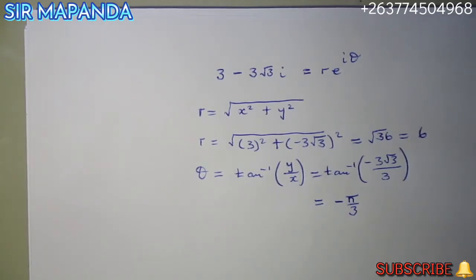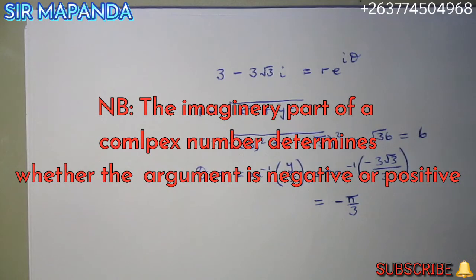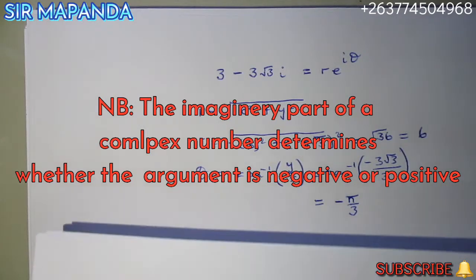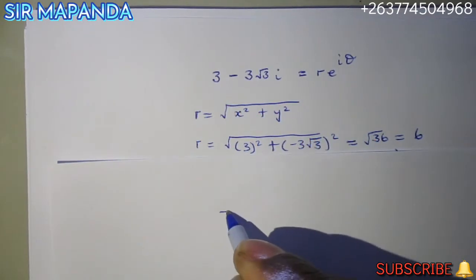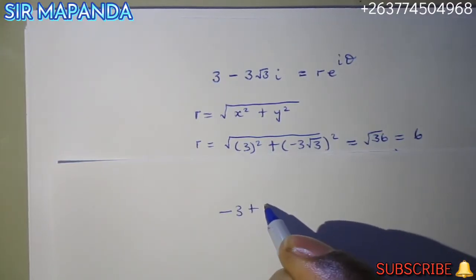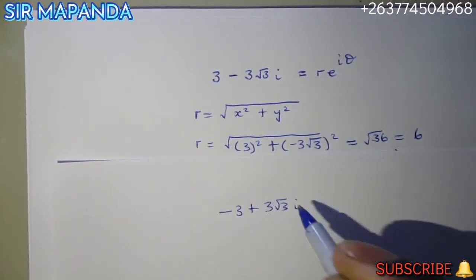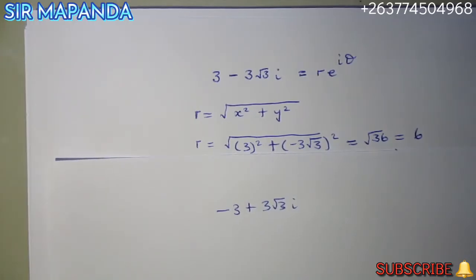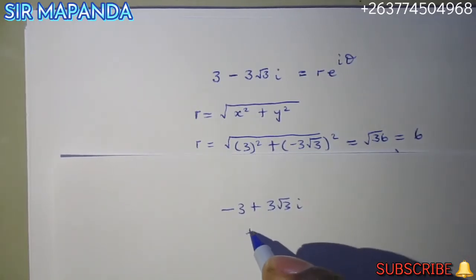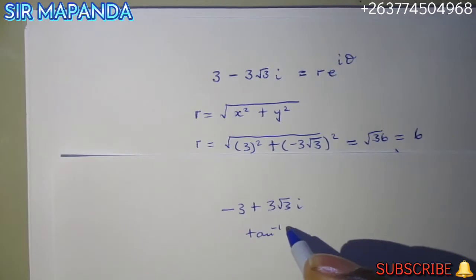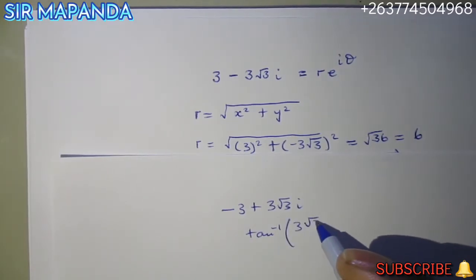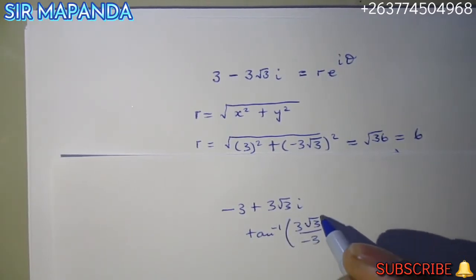So for argument, there are situations whereby you are required to make an adjustment. Take for example, you are given minus 3 plus 3 root 3i, and you are required to find the argument of this complex number. You are going to say arctan of 3 root 3 divided by minus 3.